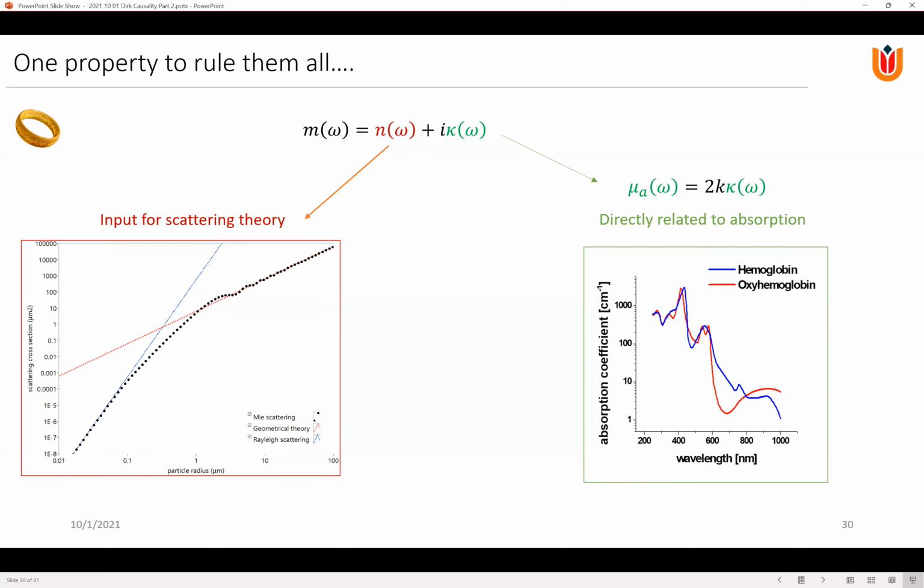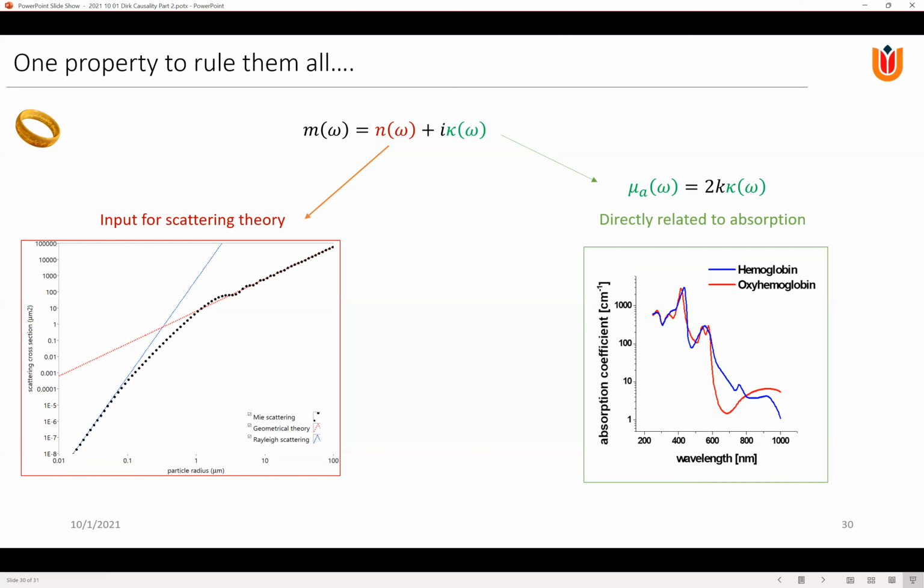On the other hand, we have the absorption. So let's take a red blood cell with the oxygenated hemoglobin, with the spectrum that is associated with that. The absorption coefficient of the solution inside that red blood cell is directly related to the imaginary part of the refractive index.